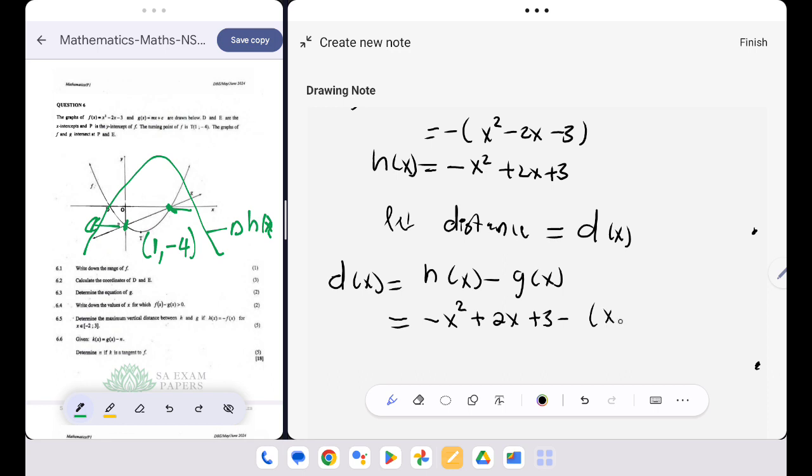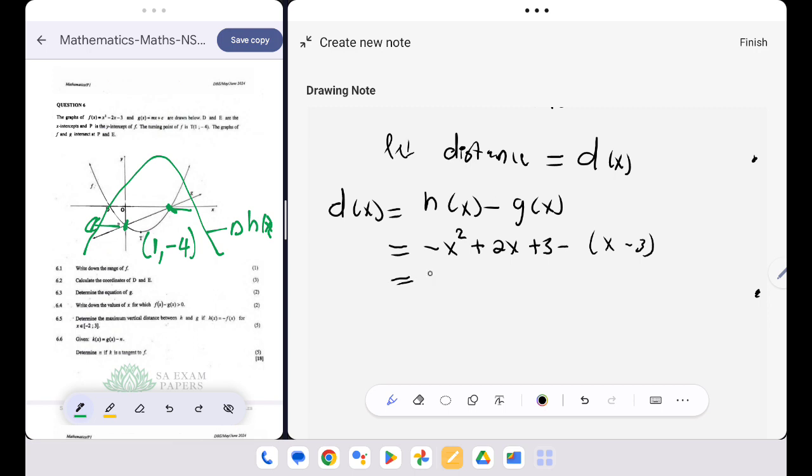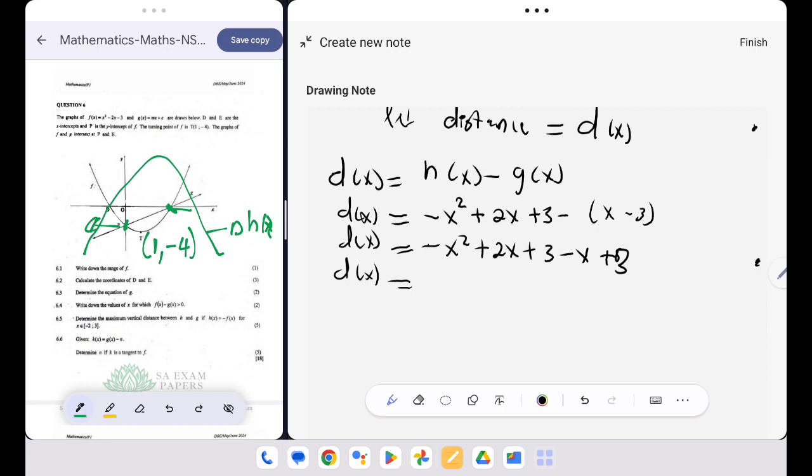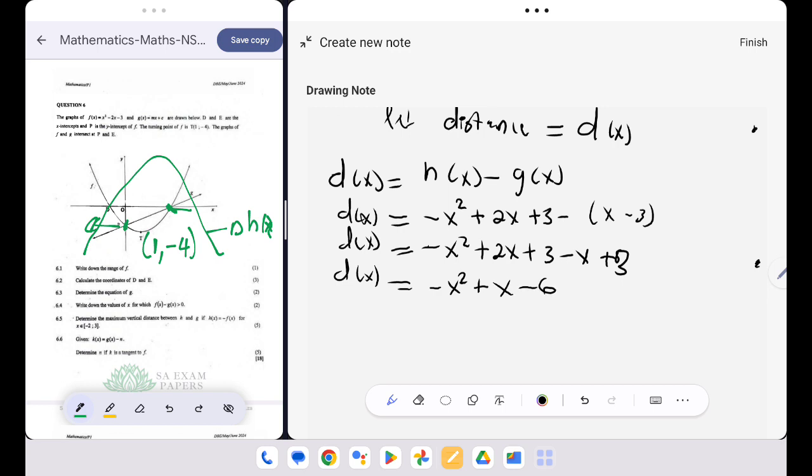G of x was equal to x minus 3. So this is minus x squared plus 2x and 3 minus x plus 3. Still write d of x. Any distance between these two graphs will be given by this equation, yeah? Minus x squared plus x minus 6.